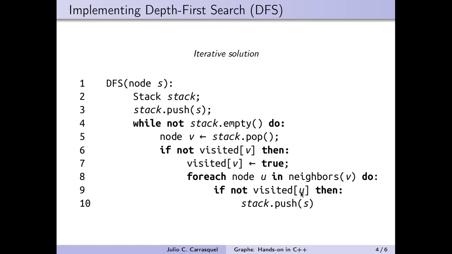If we have not visited U, we push it in the stack because we are going to visit it later. This is what we do in this while block, to visit nodes as long as the stack has some value to visit.